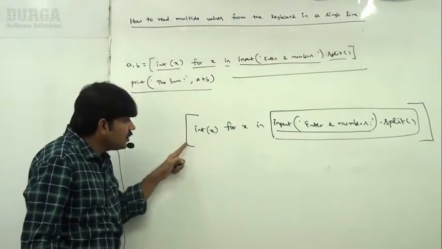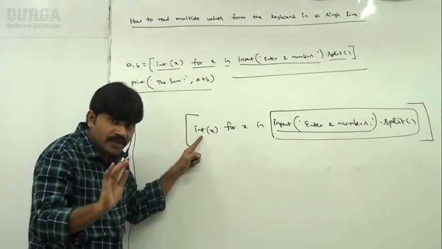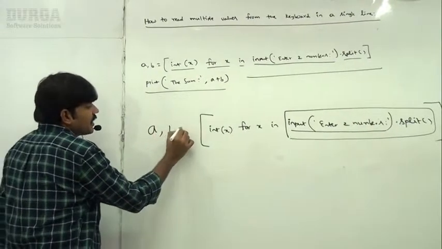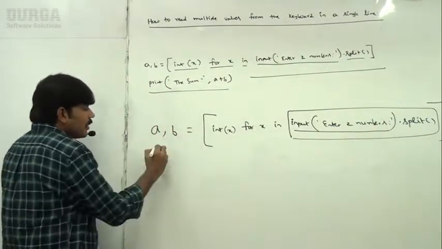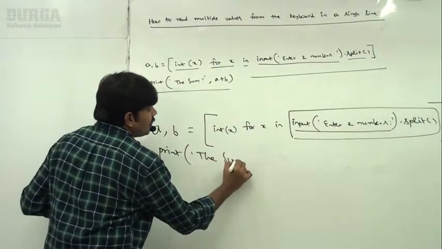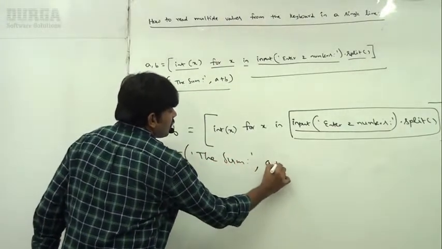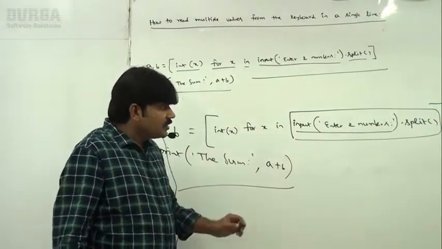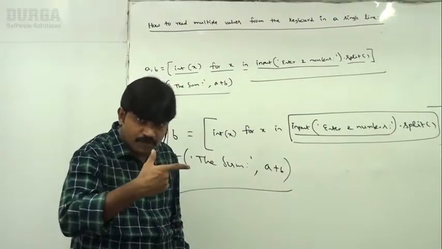Now this list contains only int values. Now assign the first value to a, the second value to b. Now print the sum, a plus b. That's all.